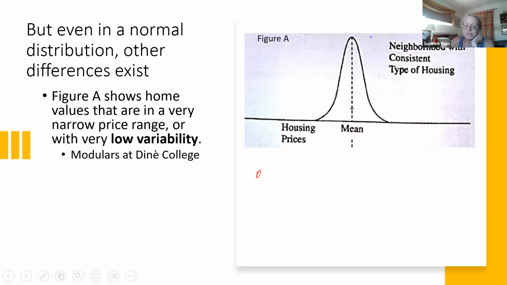Or if you're at something like Dine College with those places that I'm living in, they're all kind of similar. You know, they're not very different from each other, those hogans. And so you'd say maybe the mean housing price is in the middle here, and there's a few on either end, but there's not much variability. The neighborhood is really consistent.